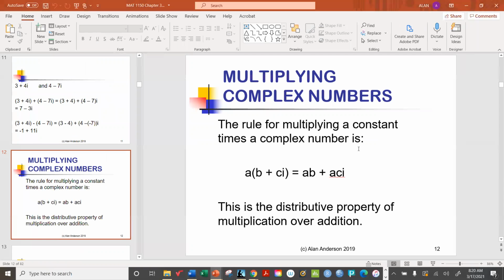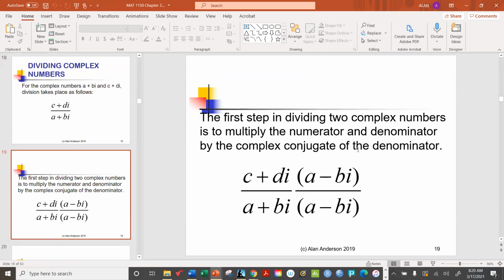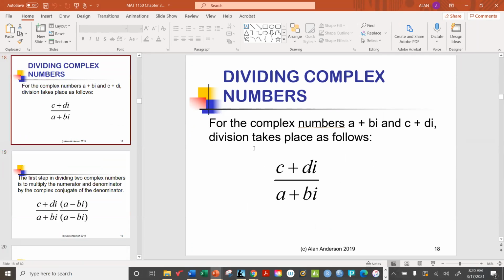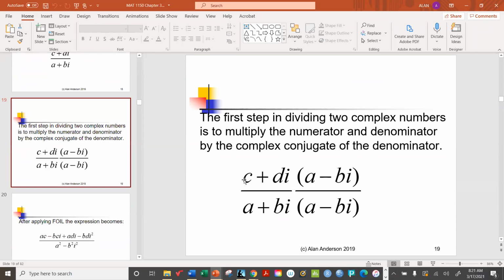This is our discussion about division. And so the idea here is that in order to get rid of the complex number in the denominator, we multiply the entire expression by the ratio of the complex conjugate of the denominator over itself. And when we're done, we should wind up with a number that has just real numbers in the denominator.